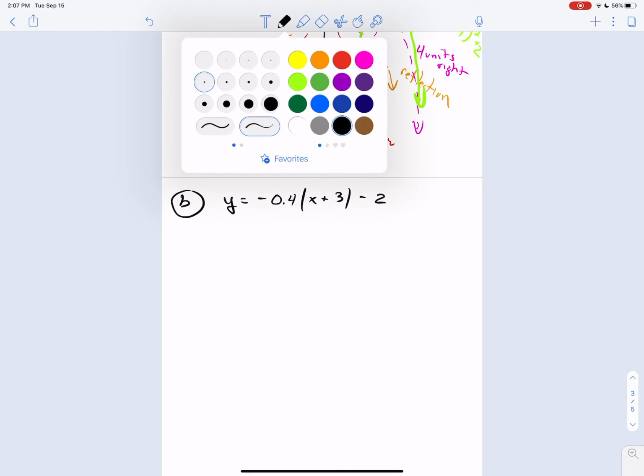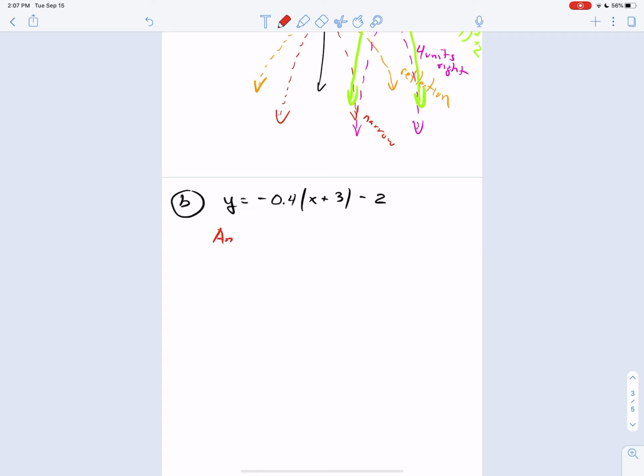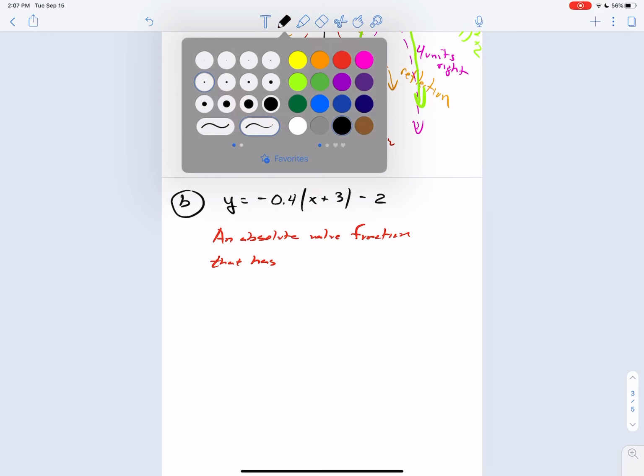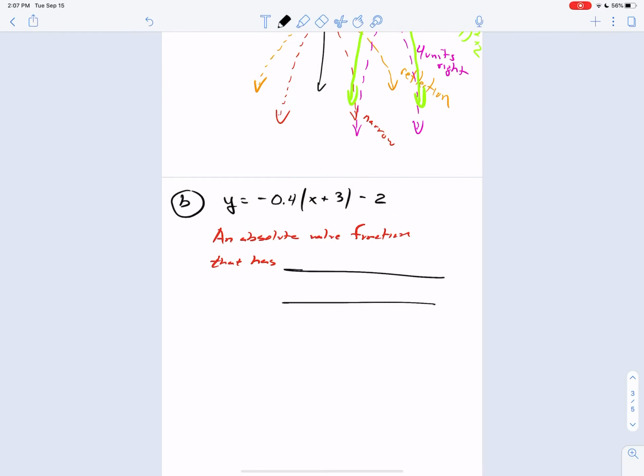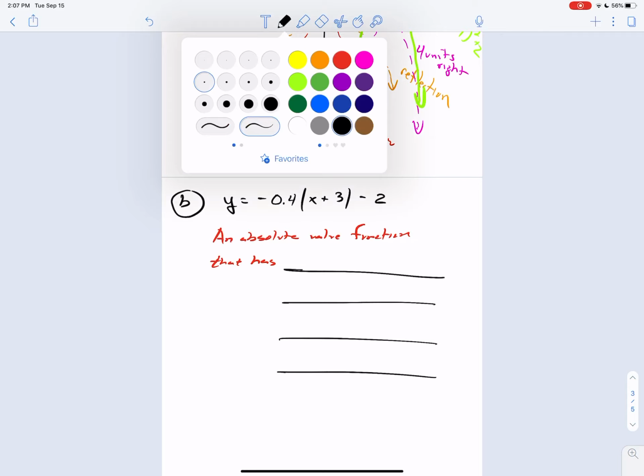So we know that this is an absolute value function. Okay, and there's a lot that's going on here. It's not always going to be 4, but I'm just writing out 4 because I see it.